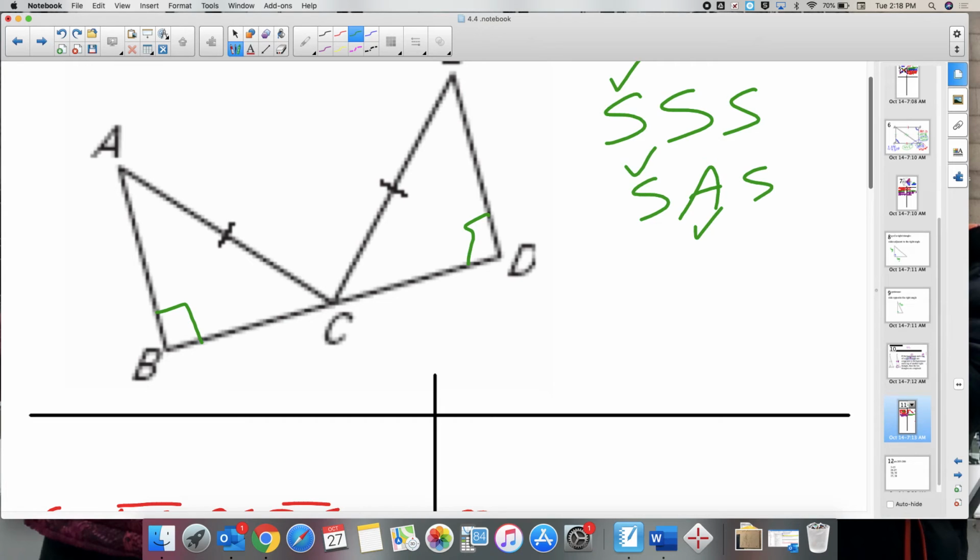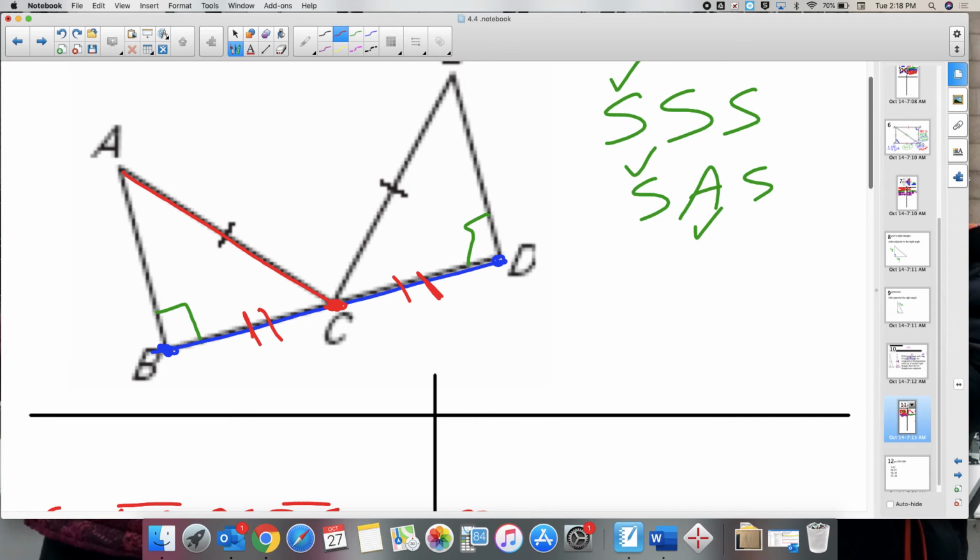Right? So let's look at the other piece of given information that they give us. They tell us AC is a bisector of BD. That term bisect means you're going to cut something in half. So AC is going to cut that segment in half. So this piece on the left will be equal to this piece on the right.